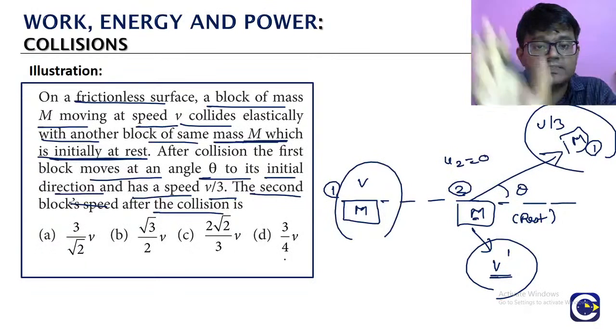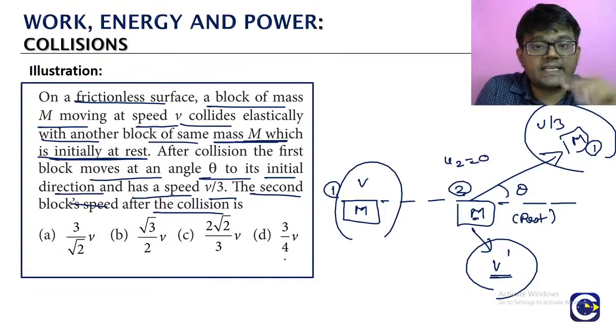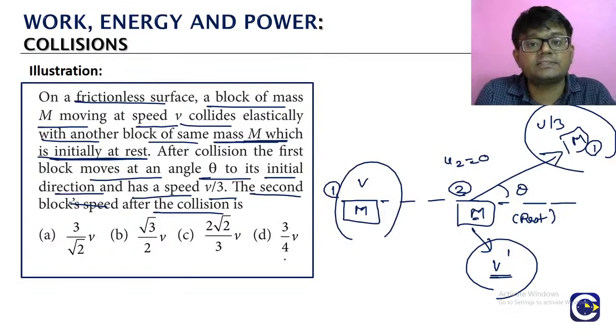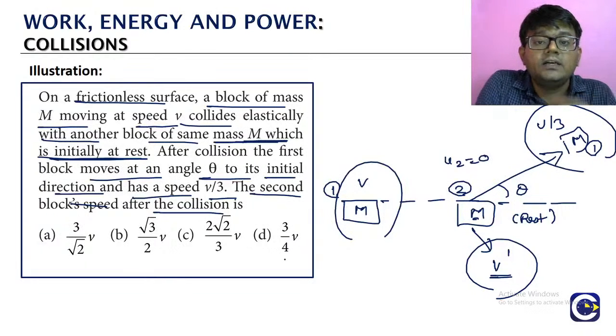We have various tools for oblique elastic collisions: conservation of momentum, conservation of kinetic energy of particles, coefficient of restitution equal to 1, and the idea that the velocities of the particles along the contact surface remain the same.